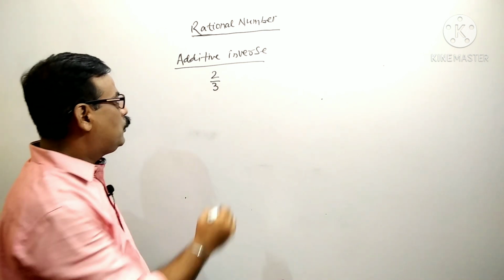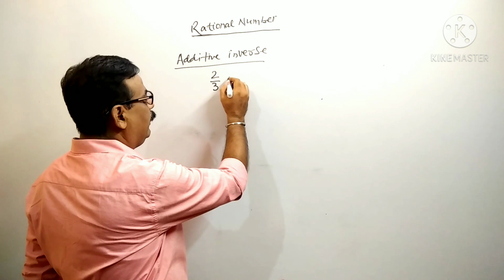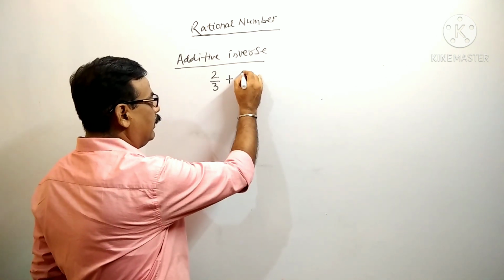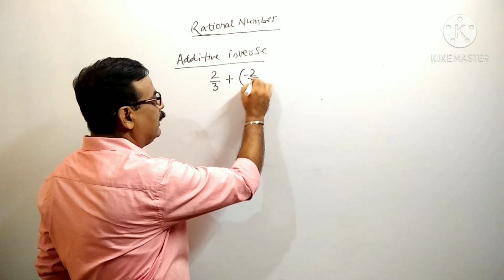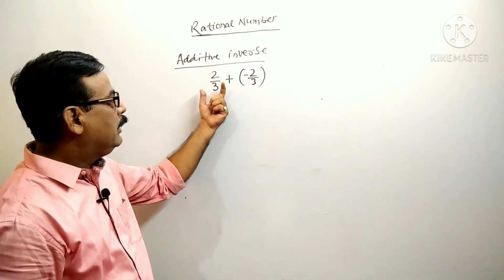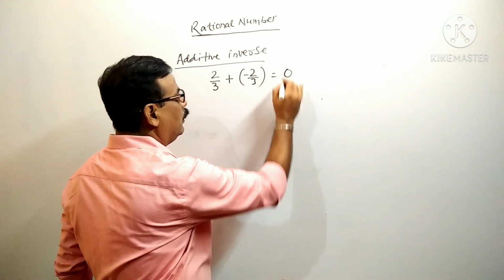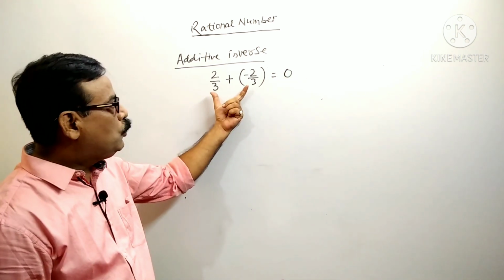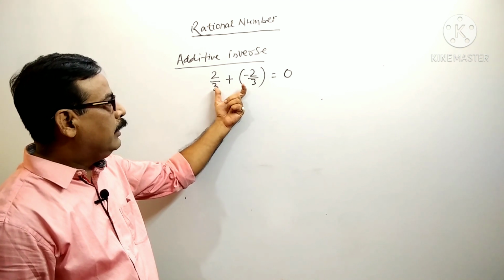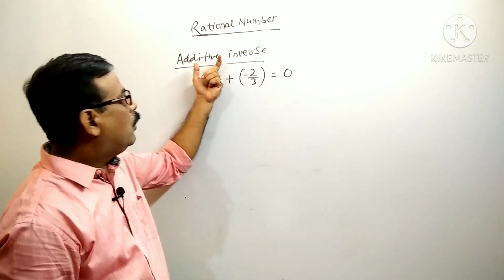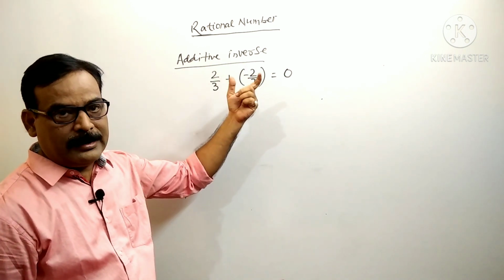We only add the same number in opposite form, that is minus 2 by 3, which gives the result 0. So when we add two numbers of opposite sign and get the result 0, that is called the additive inverse of a rational number.